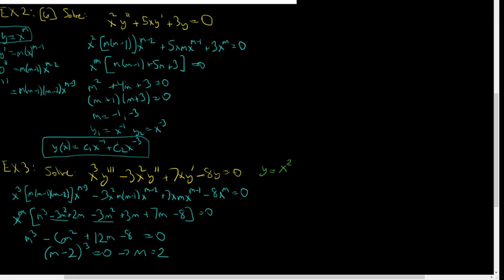Well, the answer is, amazingly enough, this is our y1 of x is x squared. Your second linearly independent solution is to multiply the x squared by a logarithm, log of x. Okay, so that gives you a second linearly independent solution.